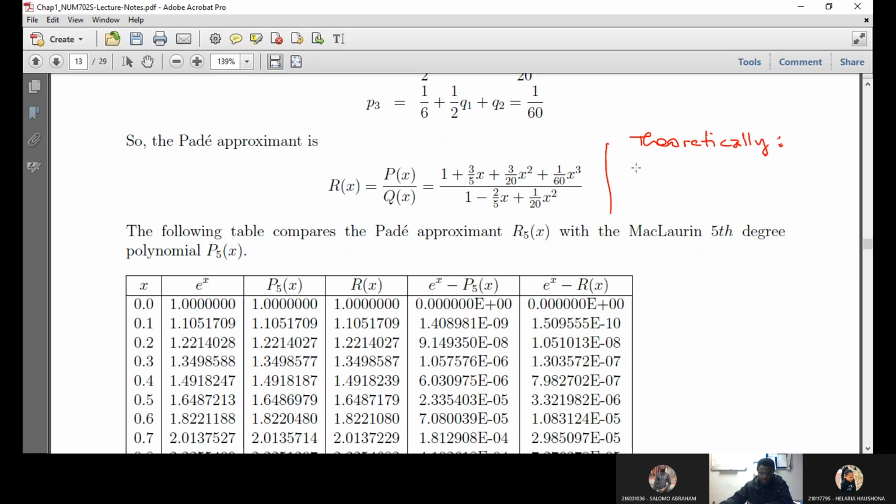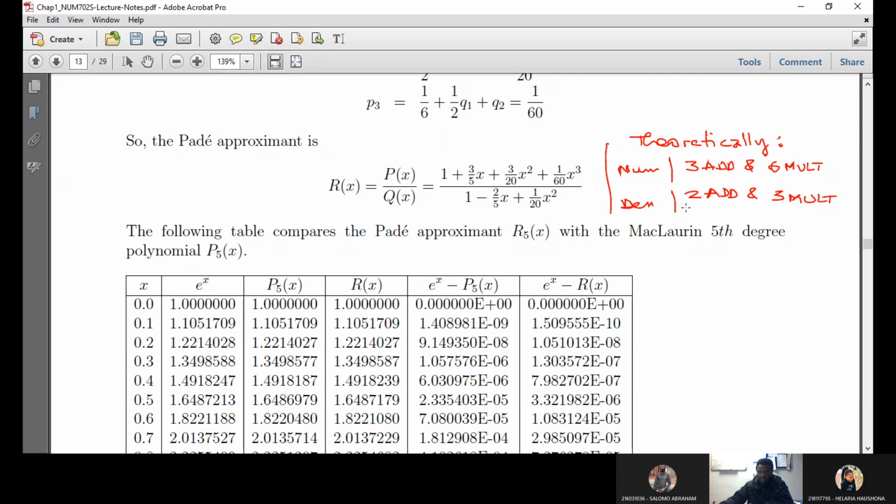In the numerator, 1, 2, 3, 3 additions and, as I said, 6 multiplications, and in the denominator, 1, 2 additions and 3 multiplications.